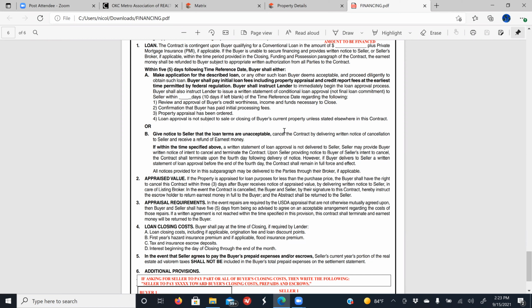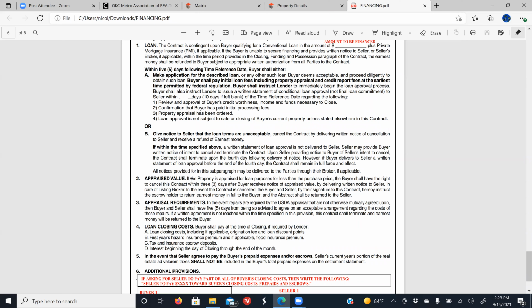There's no unallowable costs like the FHA and VA forms. So we simply say, you know, they must make application and start the lending process, must make application within 5 days and start working on their loan and getting everything reviewed and submitted within the 10 days.